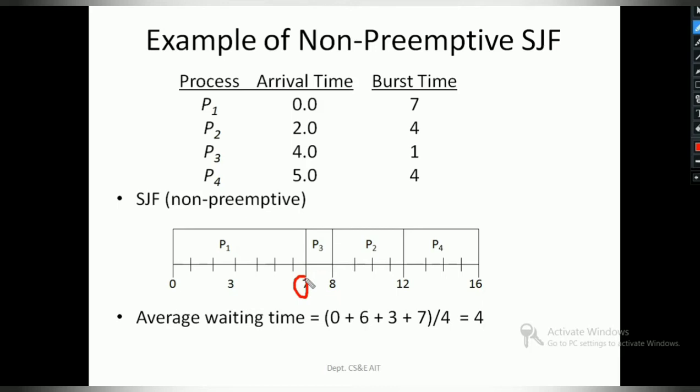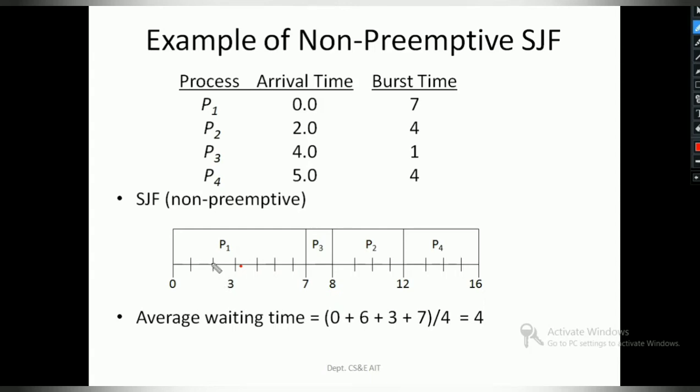You can notice here I have my processes P1, P2, P3, P4 and I have different arrival times. Process P1 is allocated the CPU; it has arrived at the 0th interval and has a burst time of 7.